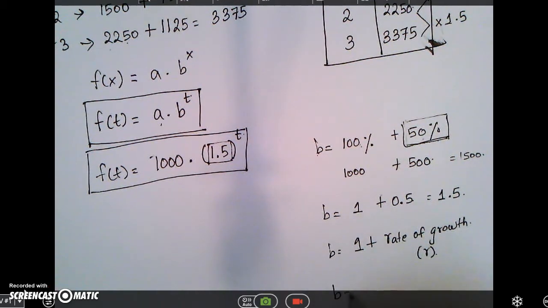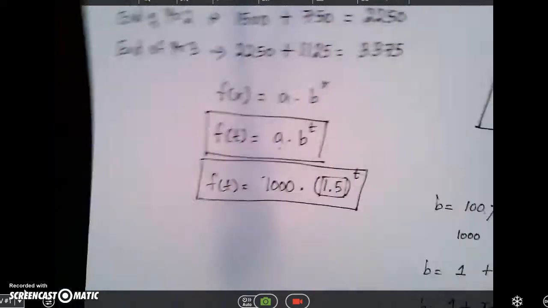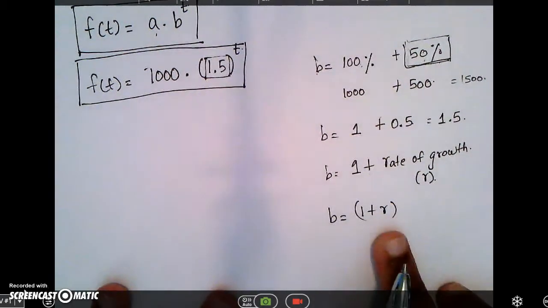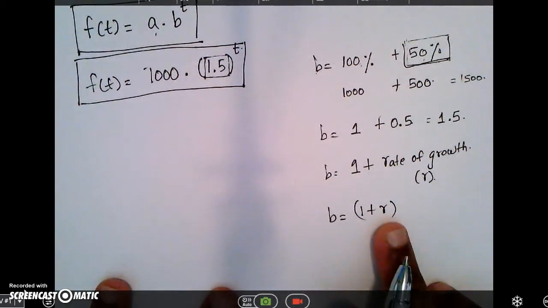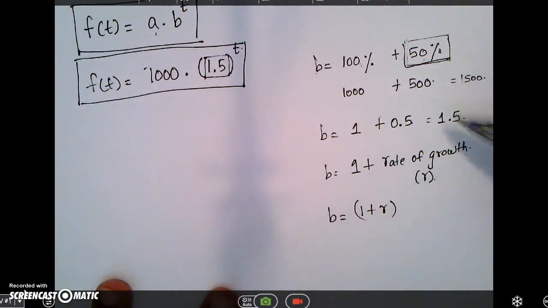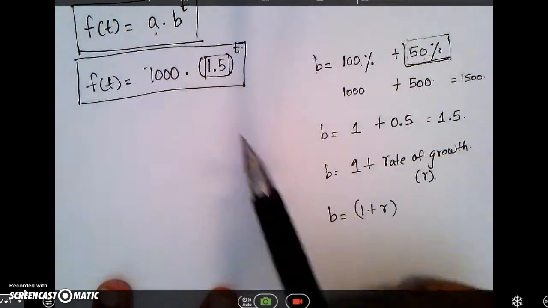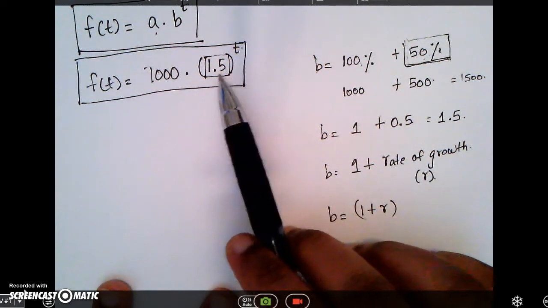So I'm going to write b is equal to 1 plus r. r is the number that you rewrite the percentage as. The 50% is given to you, rewritten as a number, so that's 0.5. 50% is 0.5. So that's how you got your common ratio as 1.5.